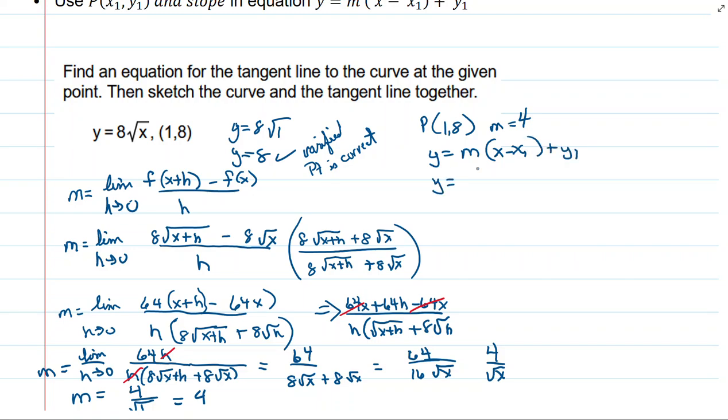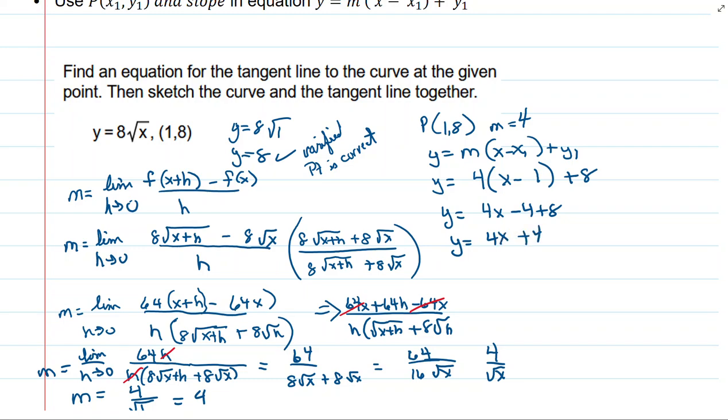Y equals, and my slope is 4, and it was positive, so I'm good, times (x minus 1) plus 8. Y equals, distributive property, 4x minus 4 plus 8. Y equals 4x plus 4. I think I did good math.